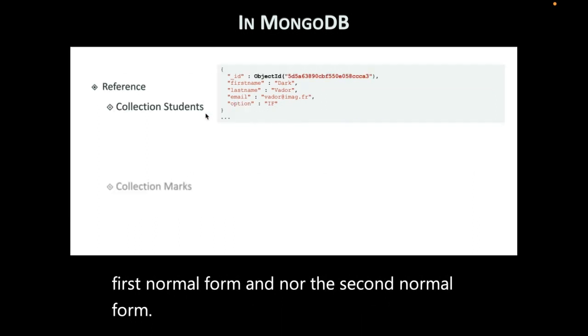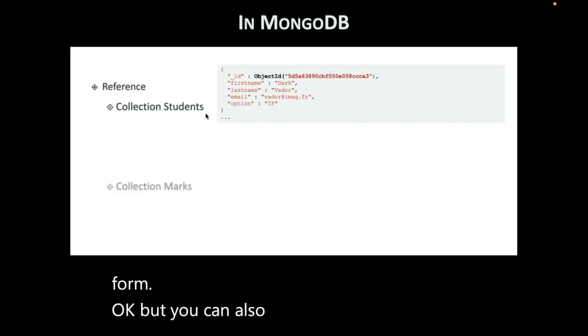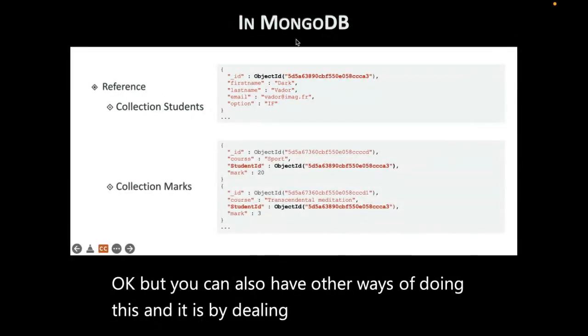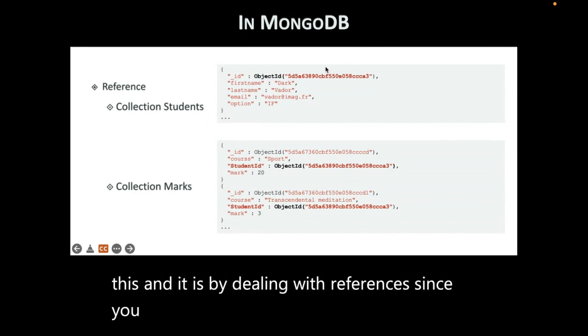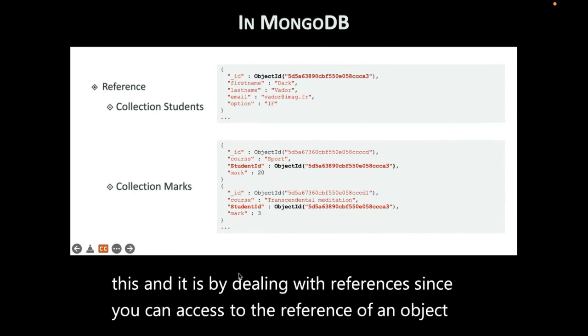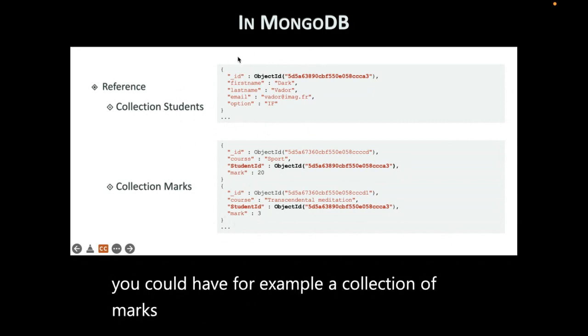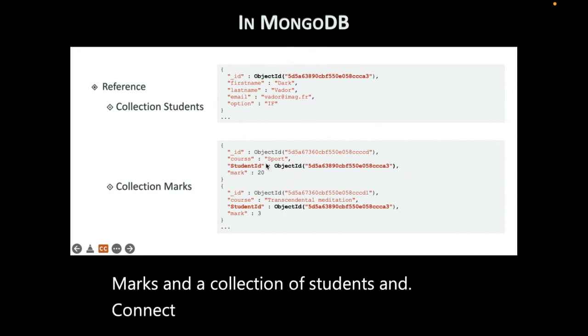Okay. But you can also have other ways of doing this, and it is by dealing with references. Since you can access the reference of an object, you could have, for example, a collection of marks and a collection of students, and connect the marks to students thanks to the object IDs.